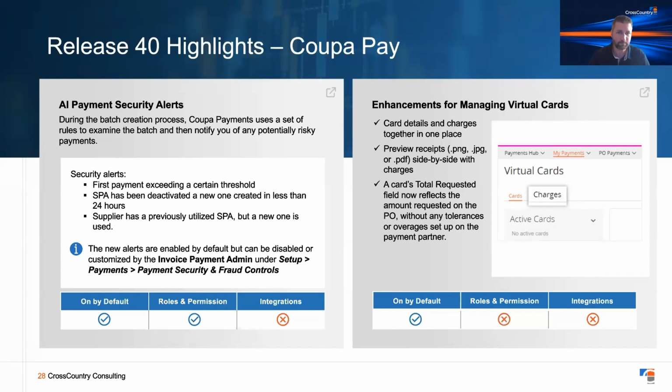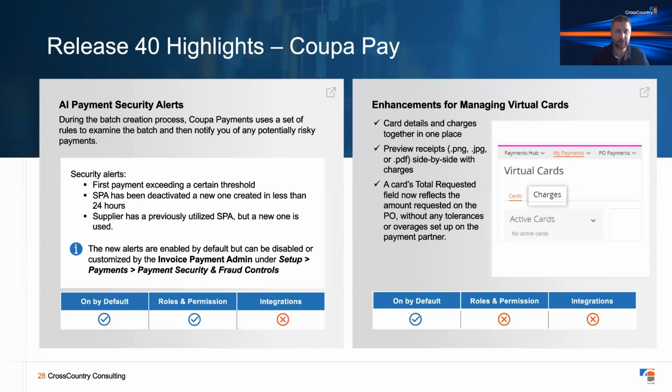And then it will also give you an alert if you have previously utilized an SPA to pay a supplier, and now you're going to use a new SPA to pay them. So it wants to make sure that you really intend to do that.